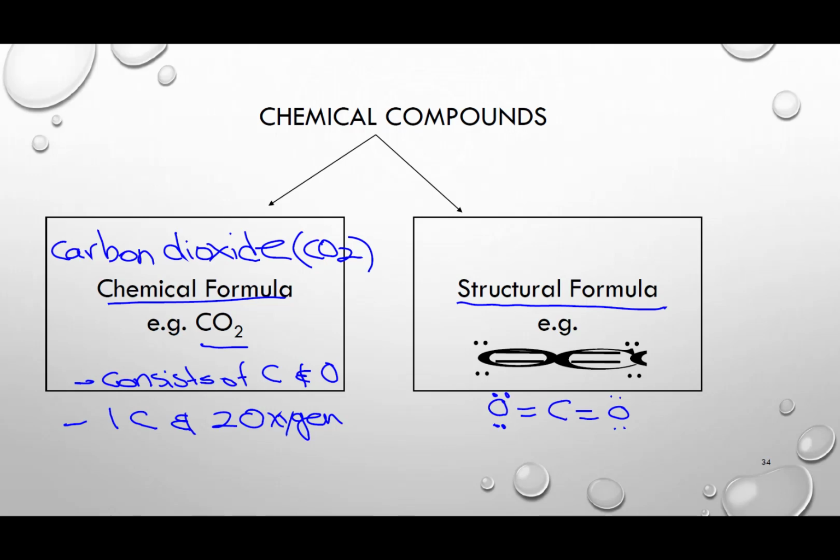It tells you whether it's a single bond or double bond. It talks about non-bonding electrons. Then it shows you everything that you need to know about that compound. Chemical formula does not give you enough information, whereas a structural formula gives all the information that you need regarding that specific compound. That's the difference between chemical and structural formula.